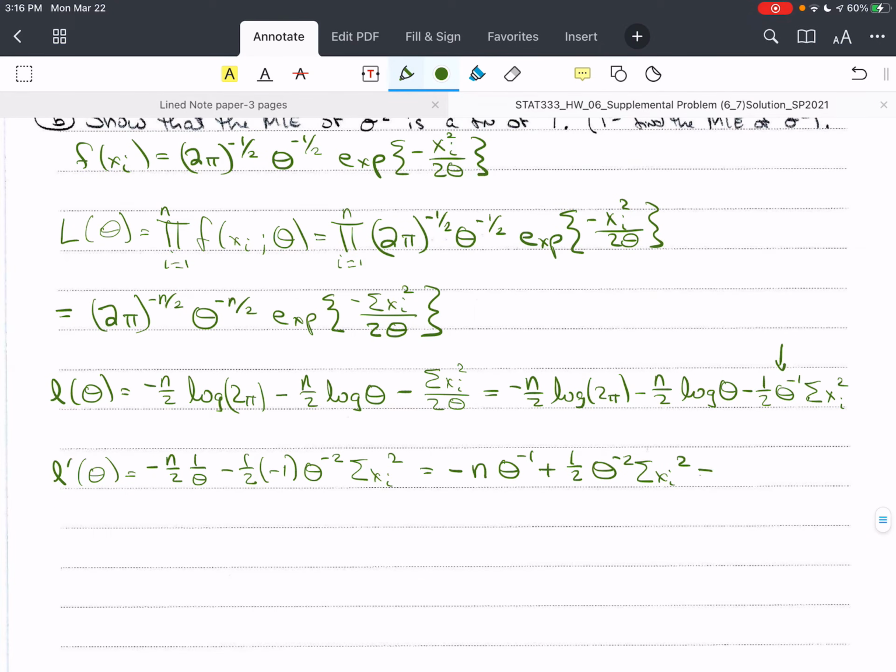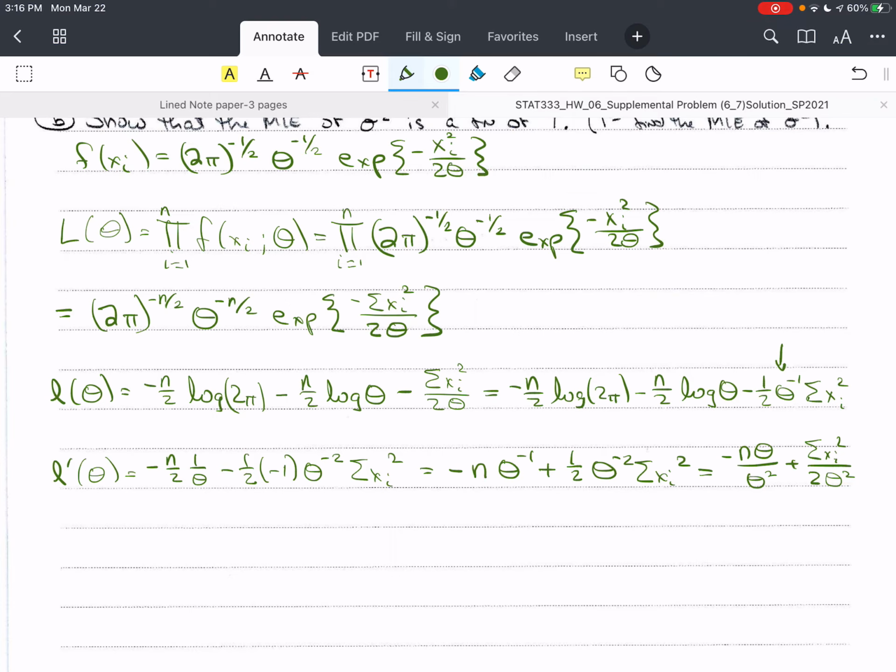And then this could be equal to negative n theta over theta squared plus sum of xi squared over 2 theta squared.